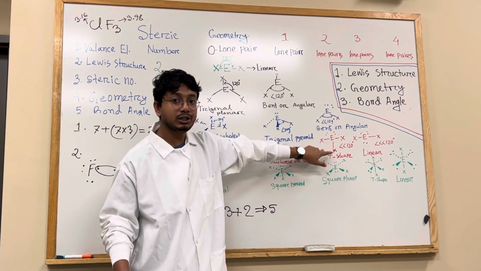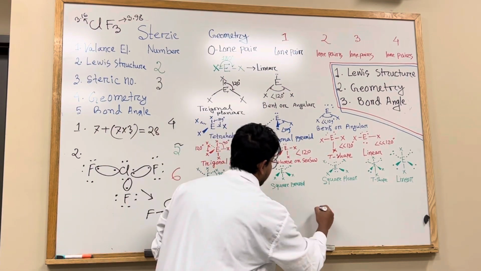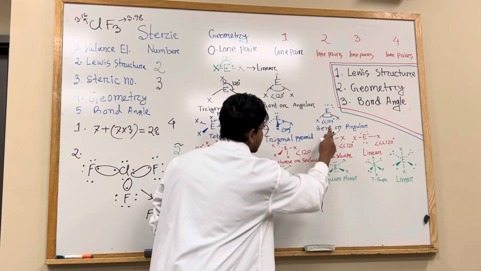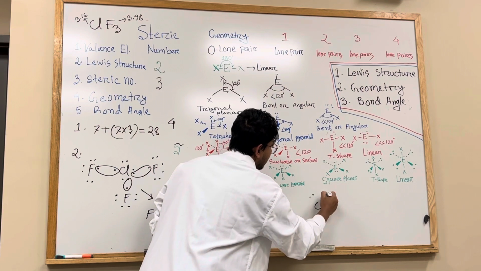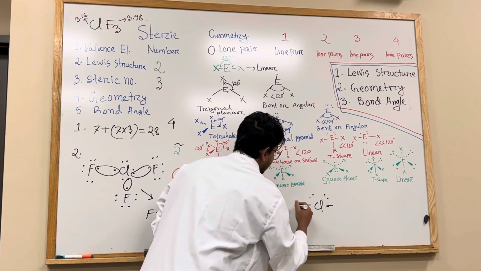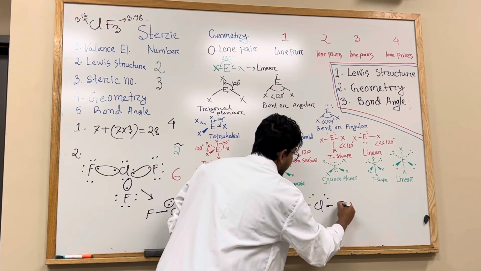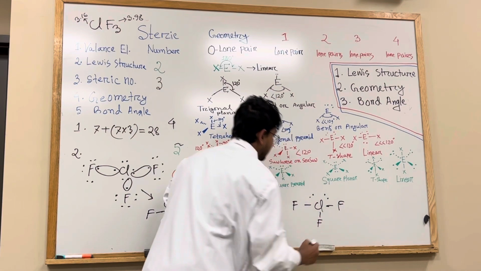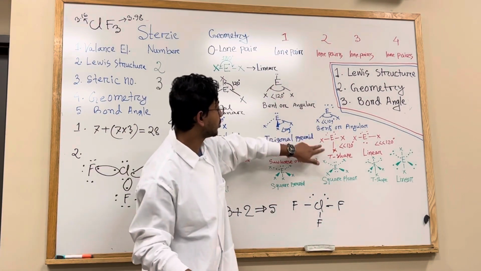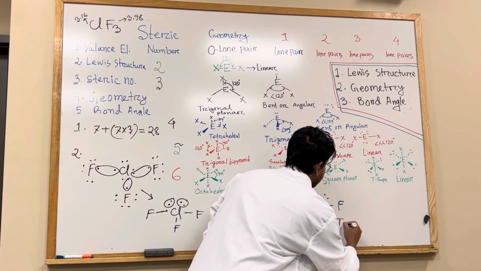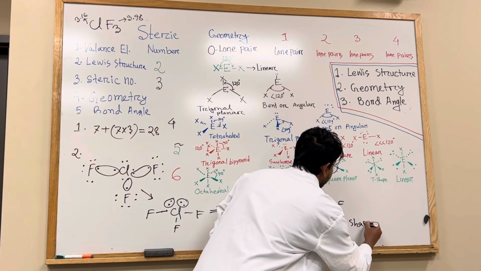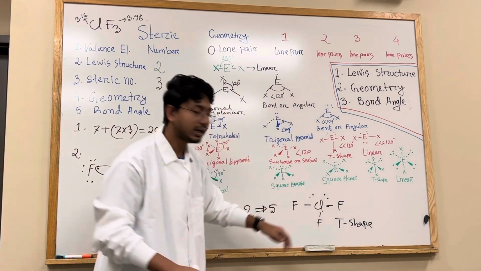It gets a T shape. I have chlorine with 2 lone pairs and 3 fluorines, in a shape like that. This shape is known as T shape, because you can easily see that it looks like a T.